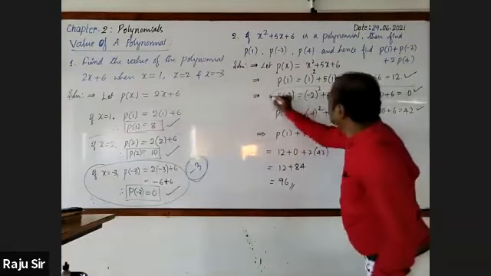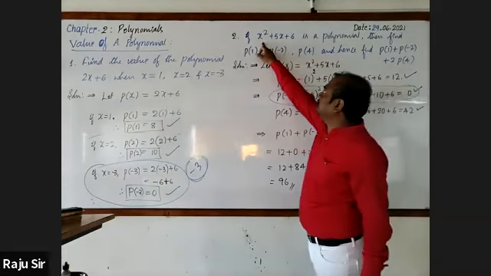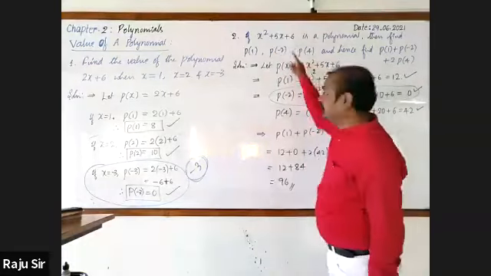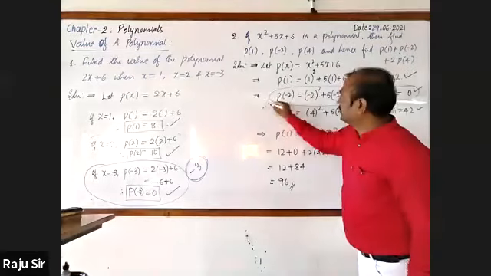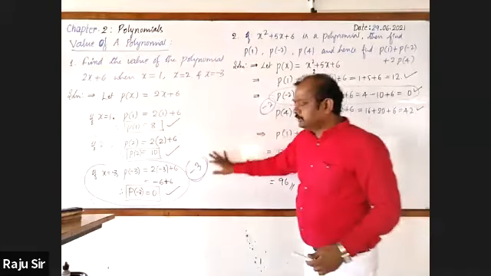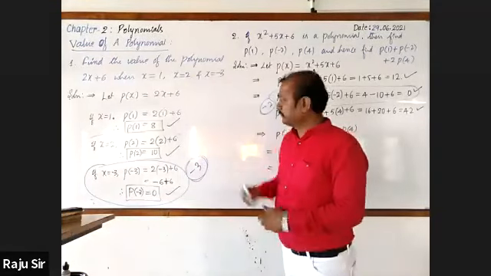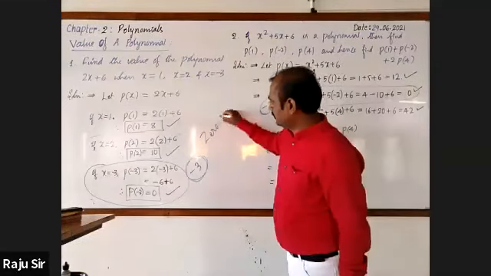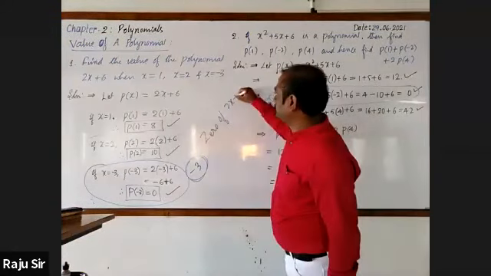The value of the second polynomial, x square plus 5x plus 6, is 0 if x is minus 2. In these two, minus 3 is called 0 of 2x plus 6.